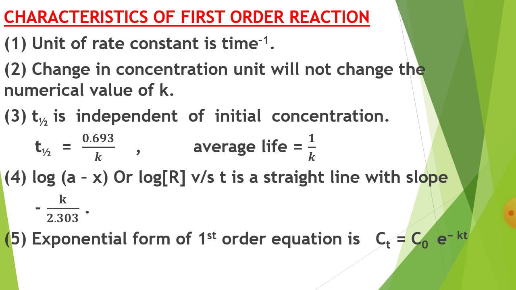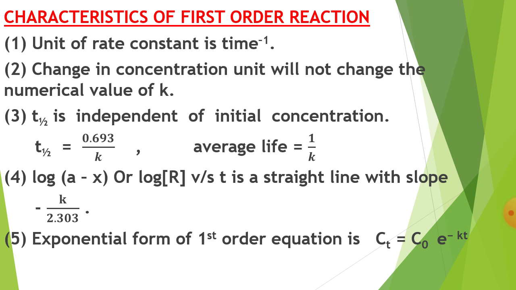For first order n equals 1, so concentration to the power 1 minus 1 gives concentration to the power 0, that is 1, and hence for first order reaction the unit of rate constant is time inverse. It may be second inverse, minute inverse, or hours inverse.